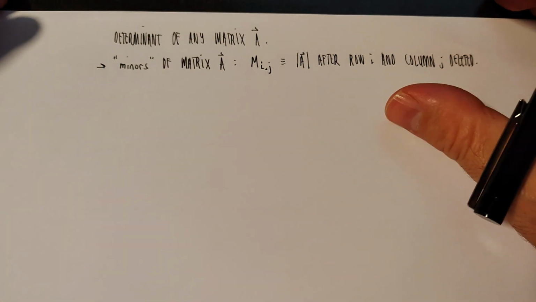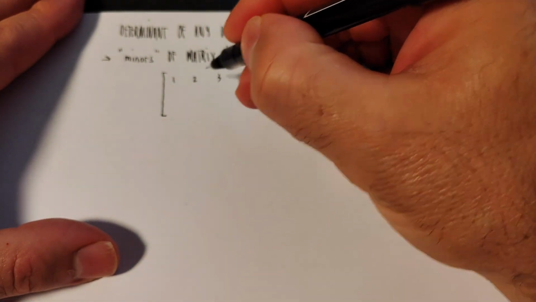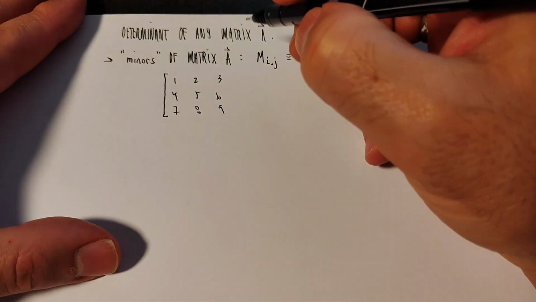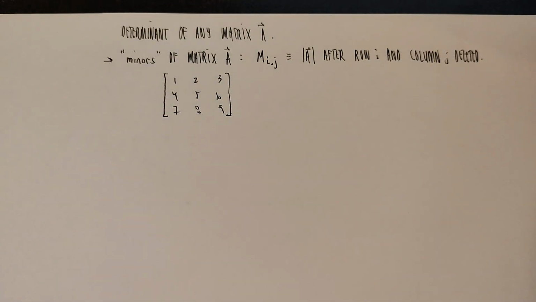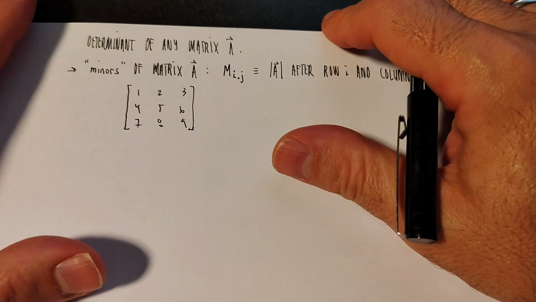Come up with an example here. All right, so let's do a 3 by 3, and I'll just do 1, 2, 3, 4, 5, 6, 7, 8, 9. I'm hoping it's invertible, but I just spammed that out there.